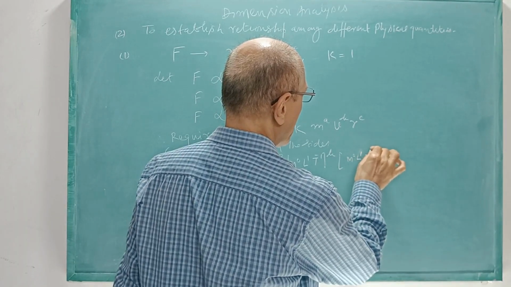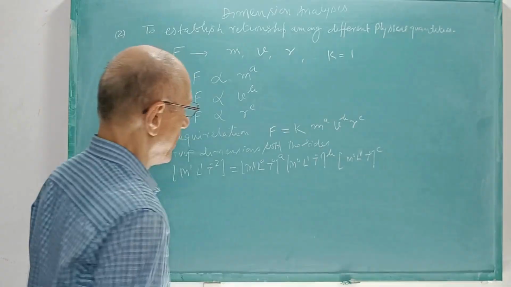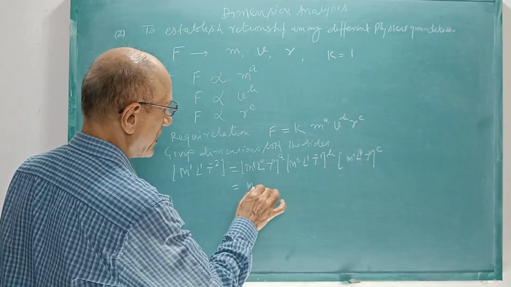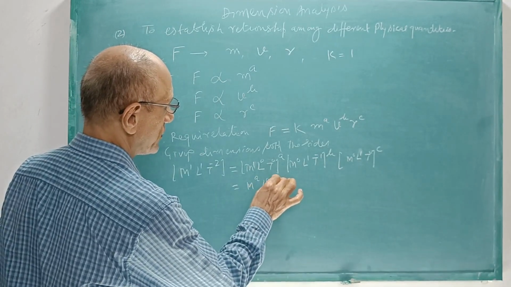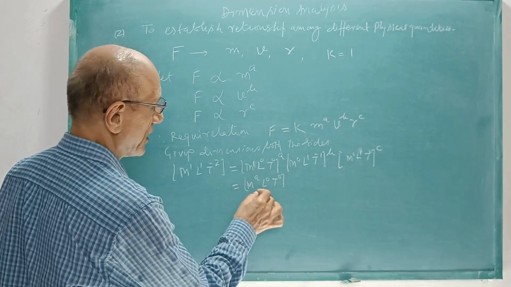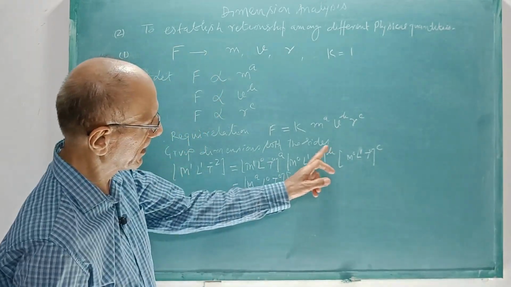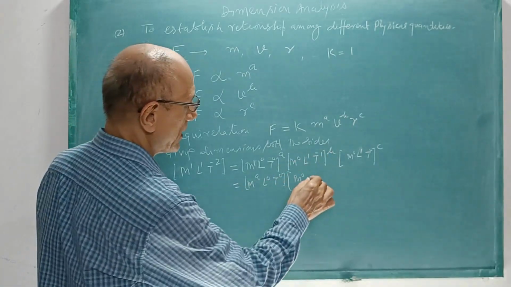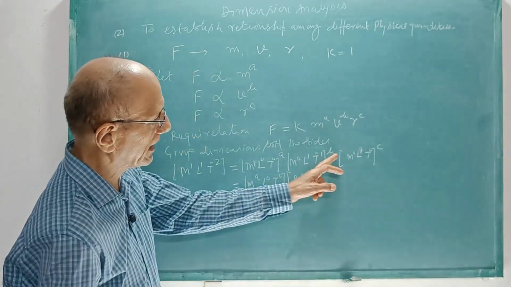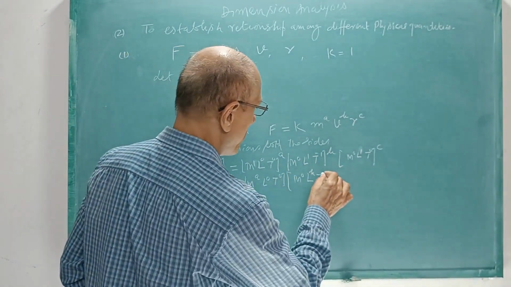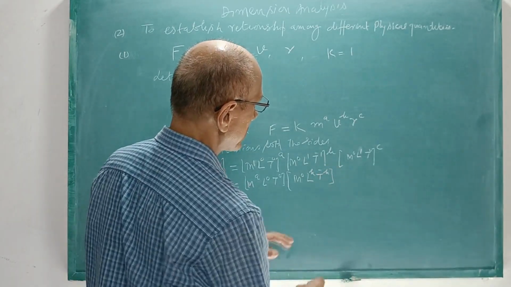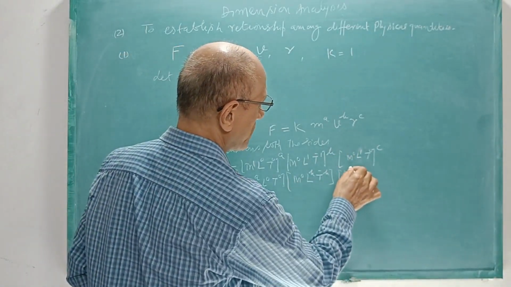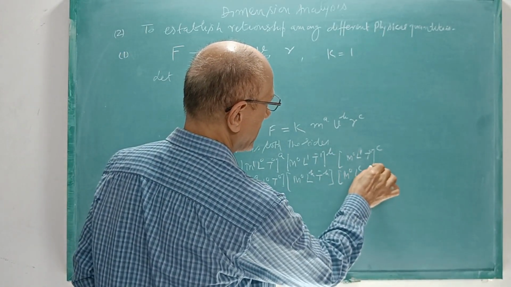Now according to the law of indices, here the power becomes M raised to power a, L raised to power 0, T raised to power 0. Here it will become M raised to power 0, L raised to power b, and T raised to power minus b. Then M raised to power 0, L raised to power c, and T raised to power 0.